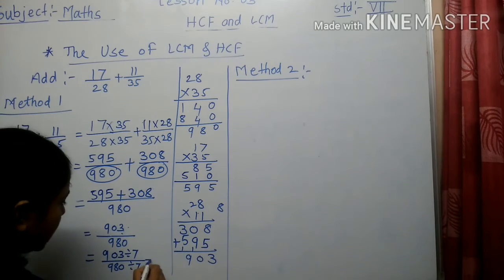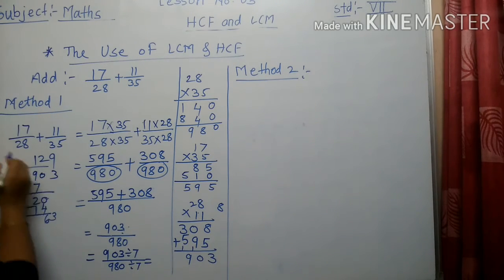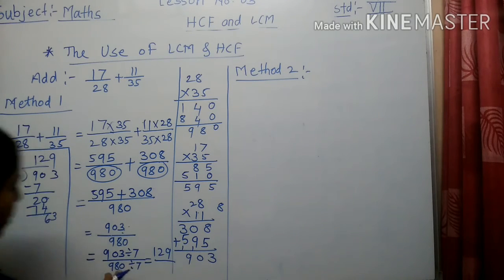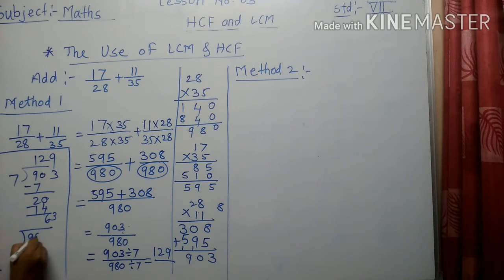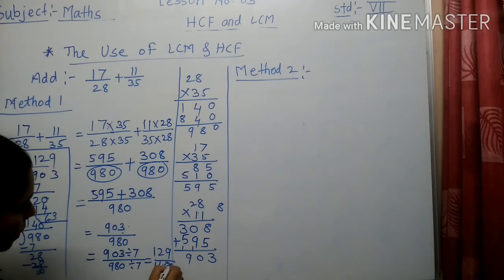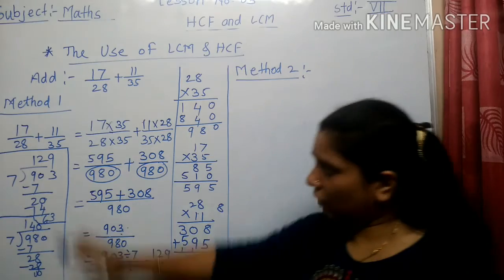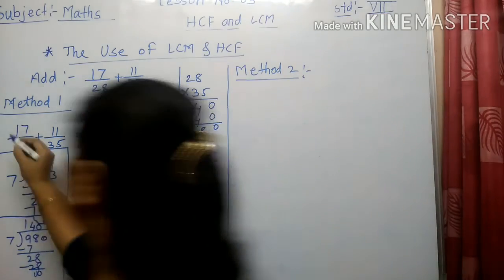Okay. What is the answer? 903 divided by 7 is 129. Now 980 I am showing here. 980 divided by 7. 7 ones are 7. 7 fours are 28. And this 0. So 140. Okay. This is method 1.